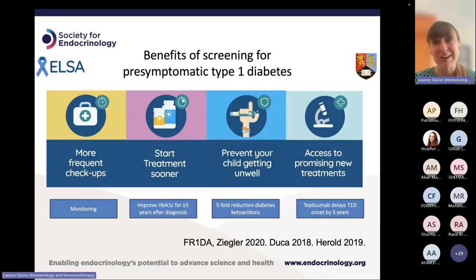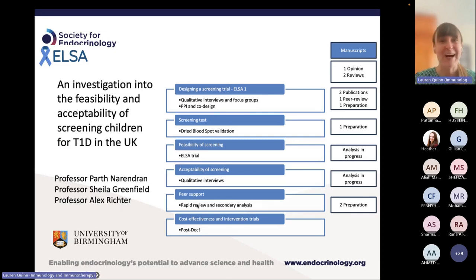So there will be adults, perhaps knowing they are at risk of type 1, either through genetic risk or family history, who are going to be interested in this treatment if it were to be licensed. So screening for type 1 in adults is another debate, but it's something we're interested to look into more to understand the natural history.